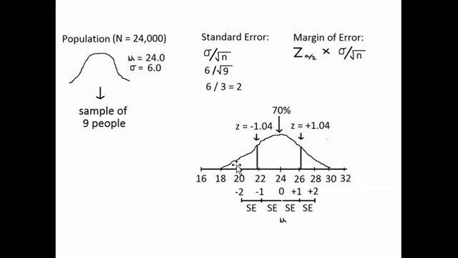This area is the lower 15%. And this area is the upper 15%. But now each of those areas has become smaller because the sample means in the distribution have all moved inward.